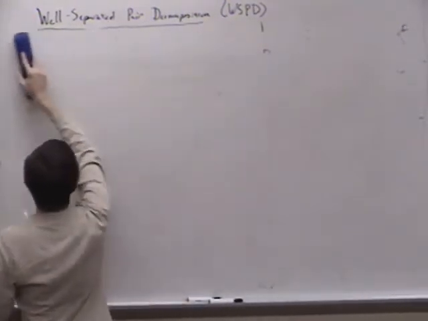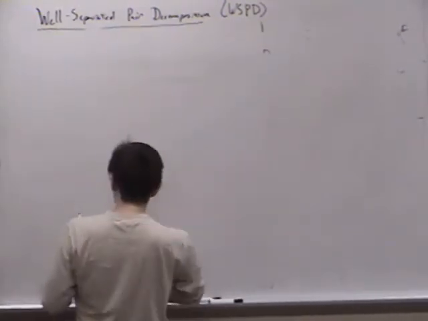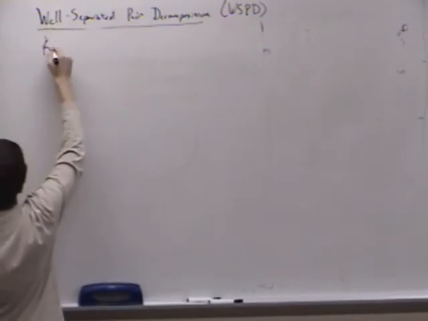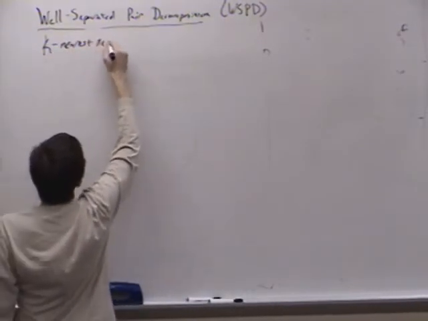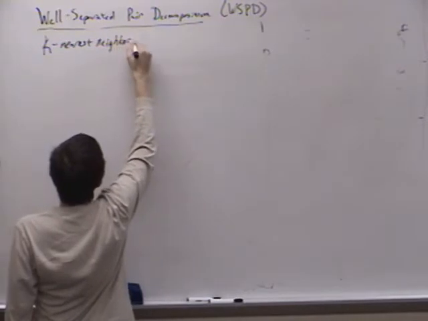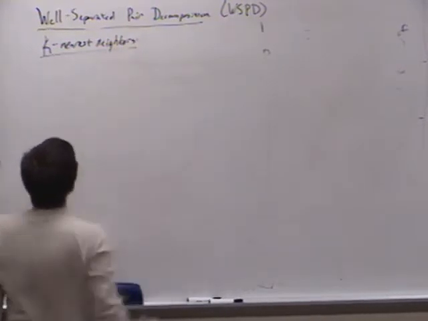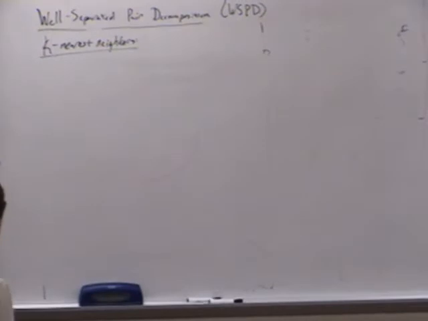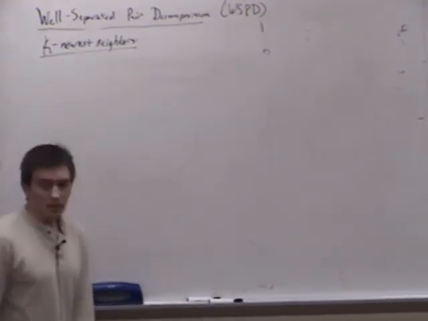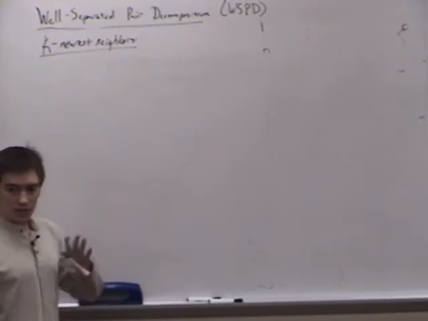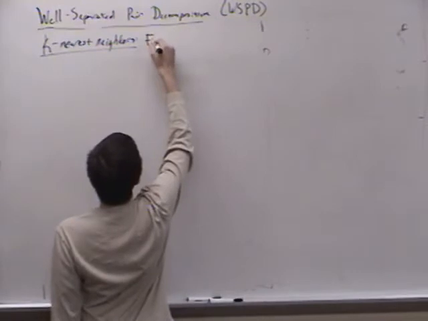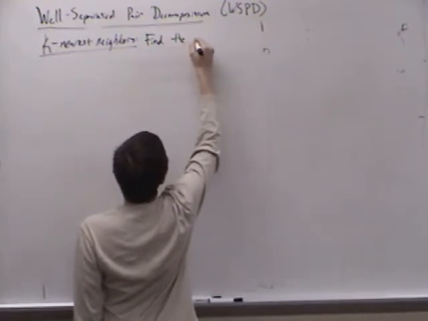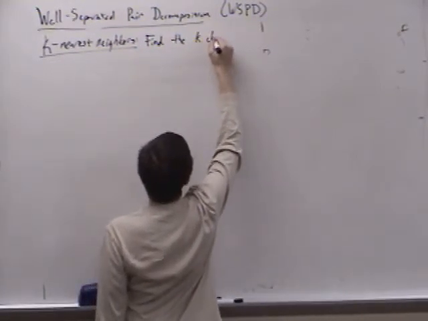So the first thing we're going to look at is k nearest neighbors. This is kind of like the closest pair of points problem. It's just we want to find the top k closest pairs.